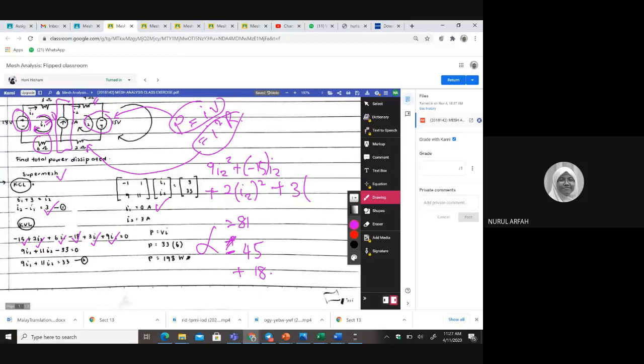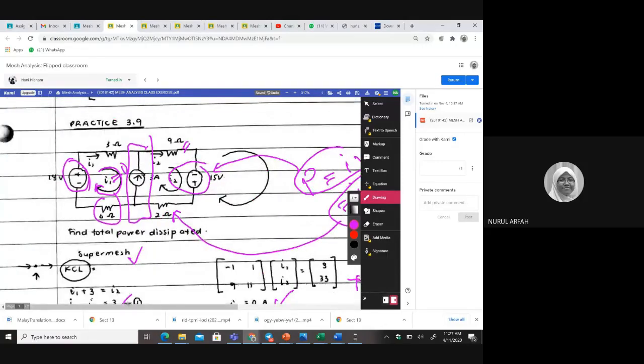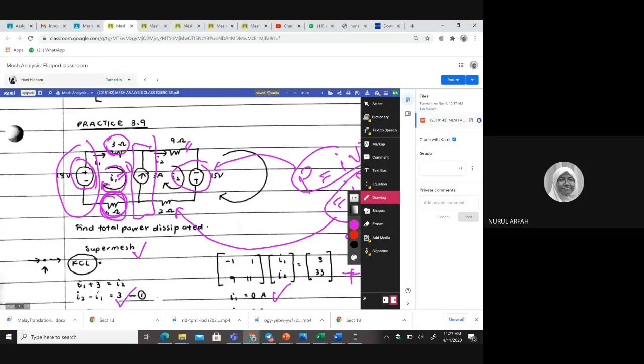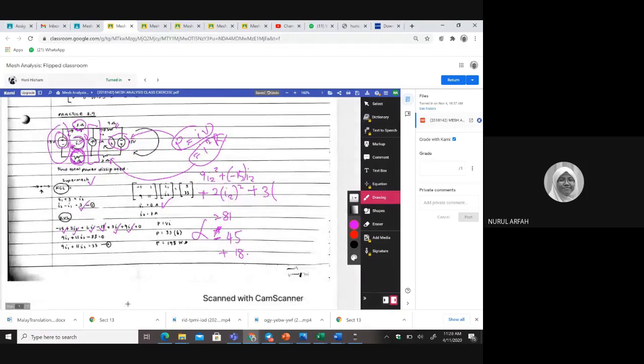If you look at here, since there's no current flowing through 3 ohms and 6 ohms here, then the voltage will take this voltage because they are in parallel. So 3 into negative 18 here, you will get something, and minus the value here, you will get the summation of all equal to 0.